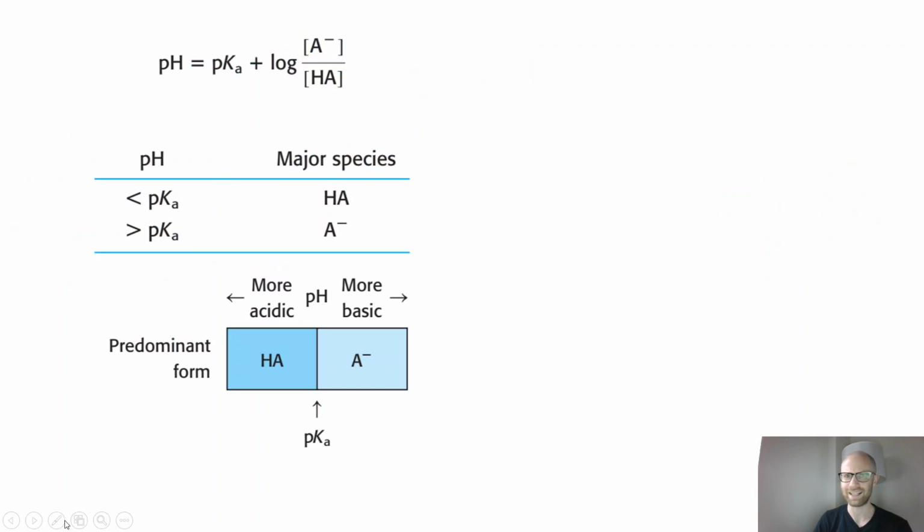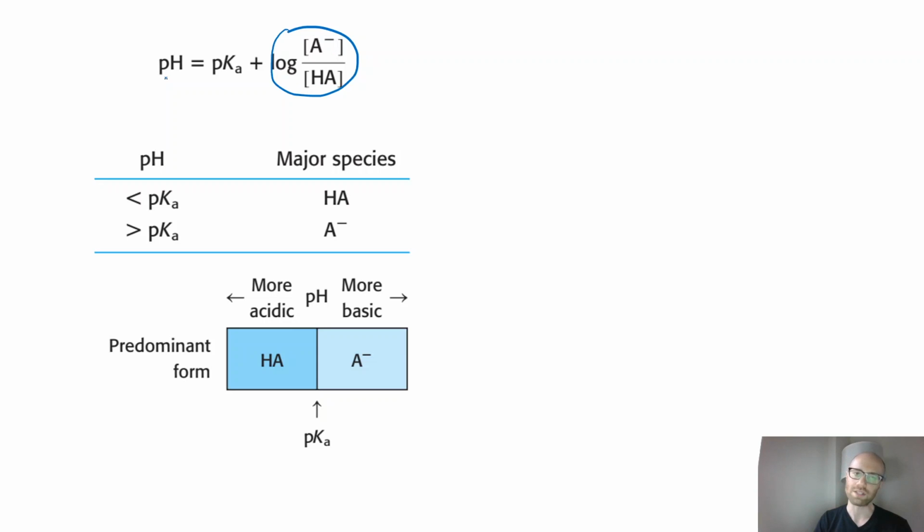So like I said, if you look at this from a buffering perspective, when pH equals pKa, then it's a 50-50 mixture. If pH is greater than pKa, looking at this equation, that means this term is greater than 0, and so therefore A minus has to be greater than HA.